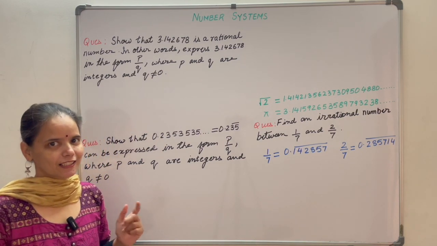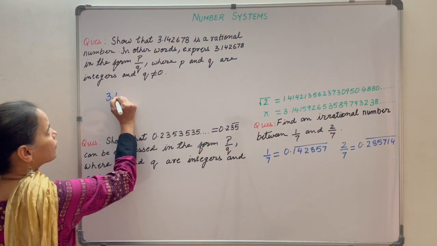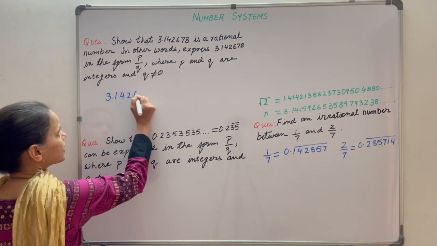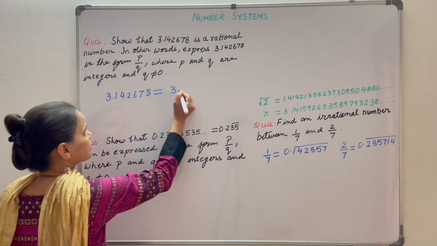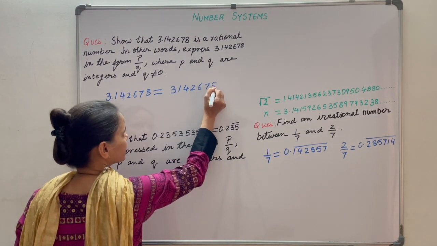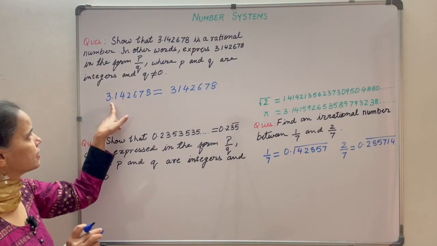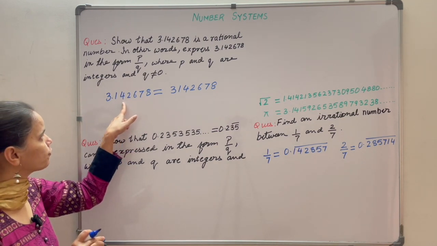To do that, it is very simple. Let us do it. So it is 3.142678. We can rewrite this as 3142678. You can clearly see here the decimal point is after how many digits? 1, 2, 3, 4, 5, 6.